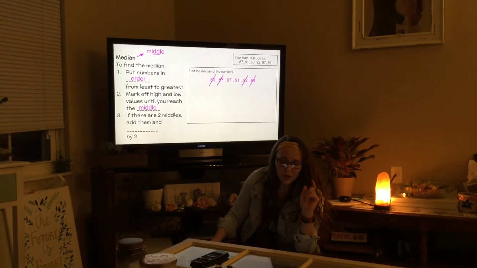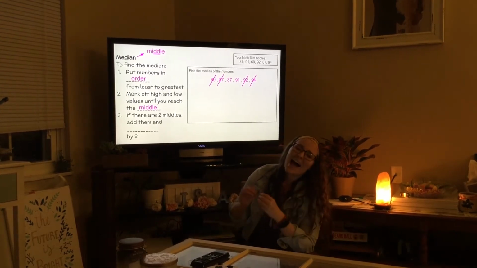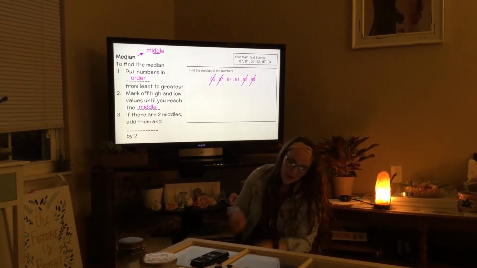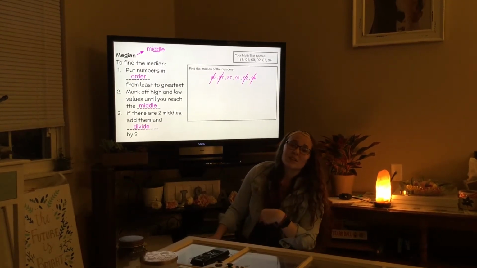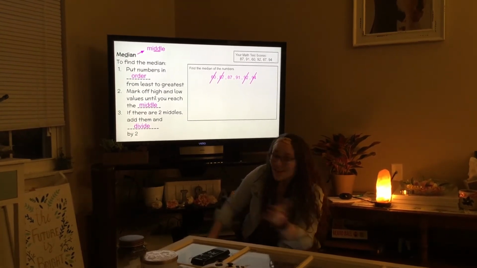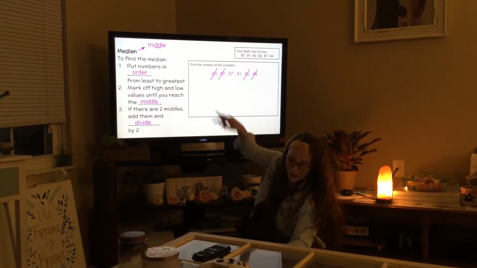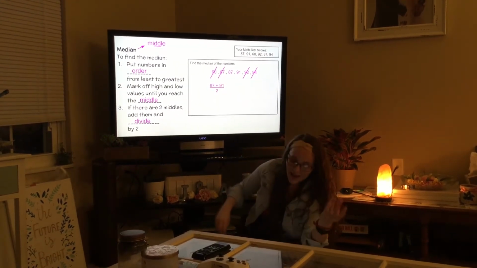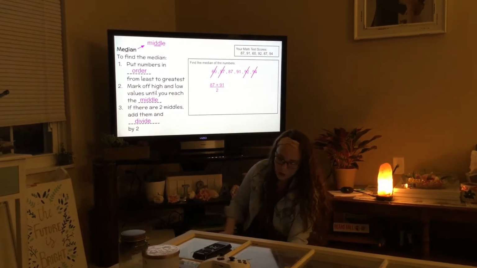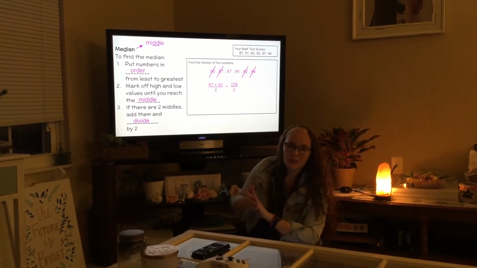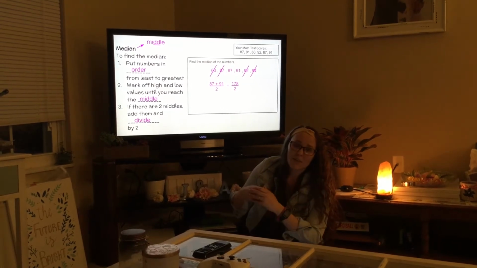If there are 2 middles, you're going to add those 2 numbers together and then divide by 2. When you're doing this, you're actually finding the mean of the 2 numbers in the middle. So we add these together, 87 plus 91, and then divide that sum by 2. 87 plus 91 is 178.